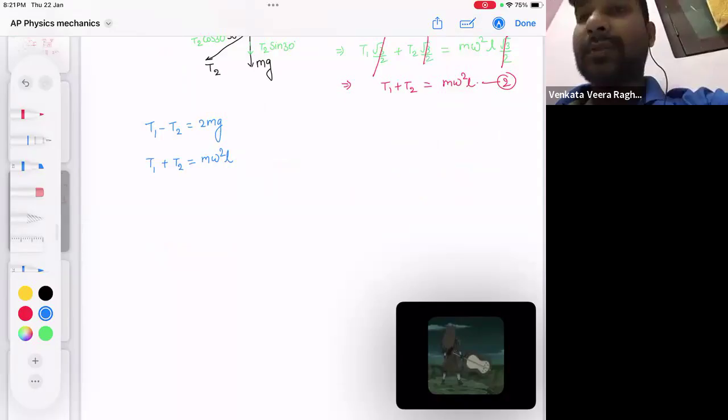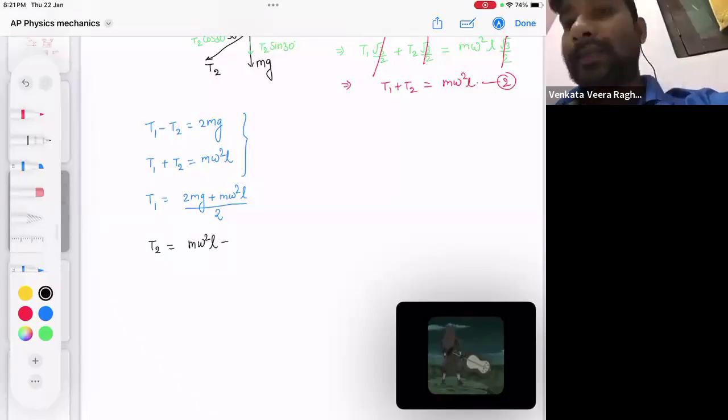If I add both of them, T2 gets cancelled and T1 comes as 2 mg plus m omega square L divided by 2. And if you subtract, T1 gets cancelled and T2 comes as m omega square L minus 2 mg, divided by 2.